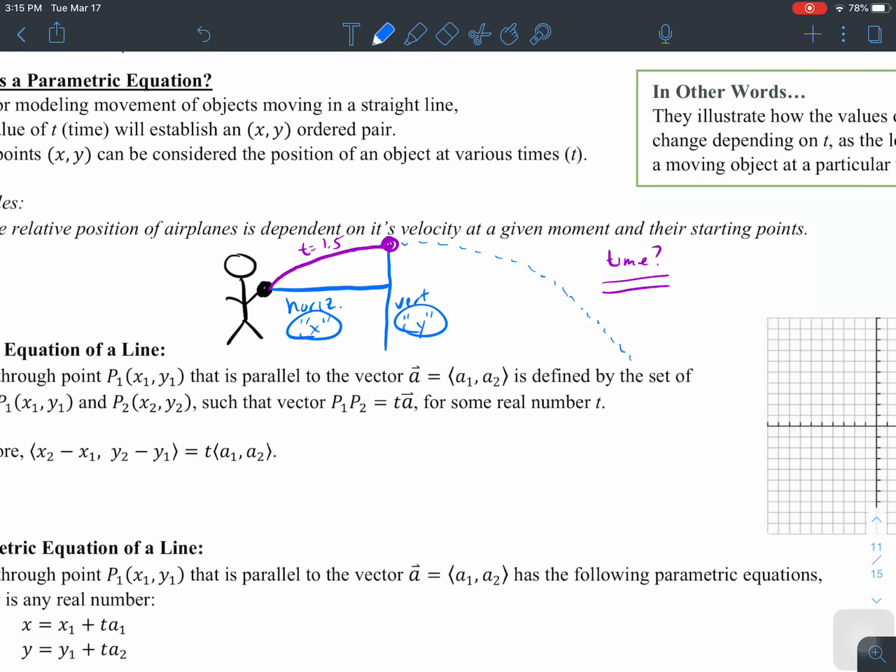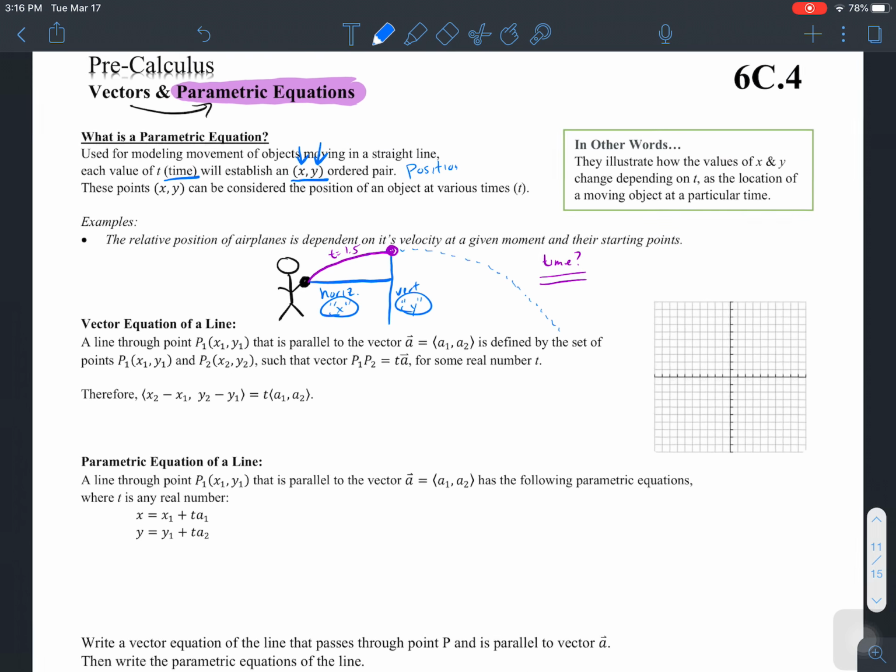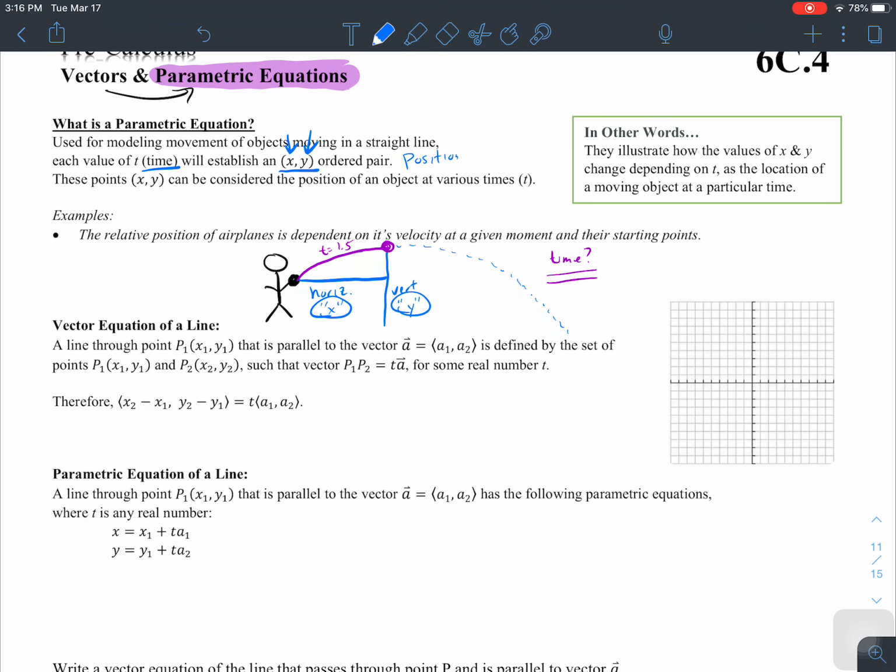So parametric equations use time to find the position both horizontally and vertically of a projectile. That's a very basic understanding of it, and hopefully that clarifies what we're going to be working with and why these equations are going to be unique.